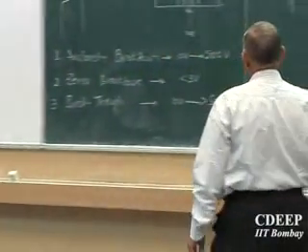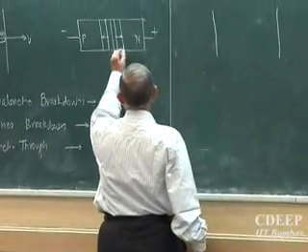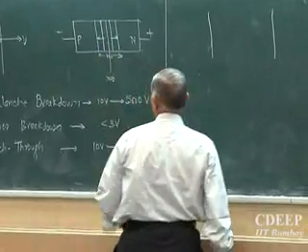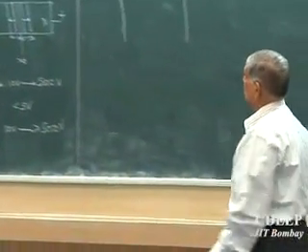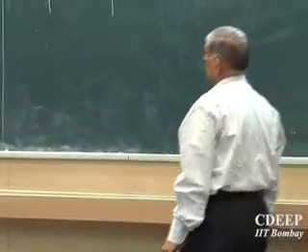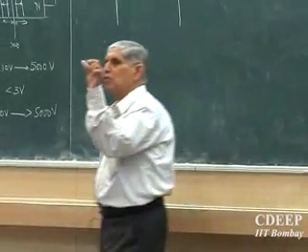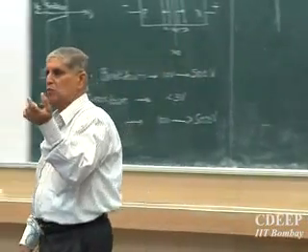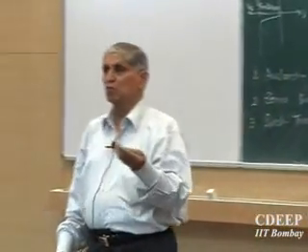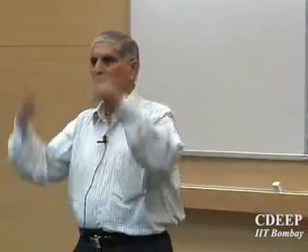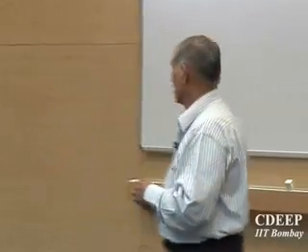Since W increases, the electric field is enhanced. Initially the built-in potential was say 0.6, 0.8 volts, now it becomes V0 plus VR, and the field is 2(V0+VR)/W, so the electric field starts rising.